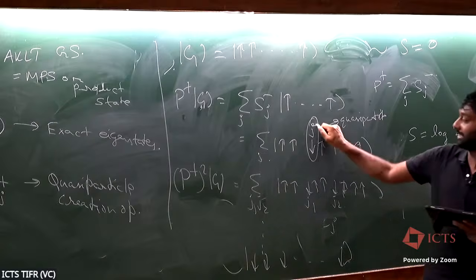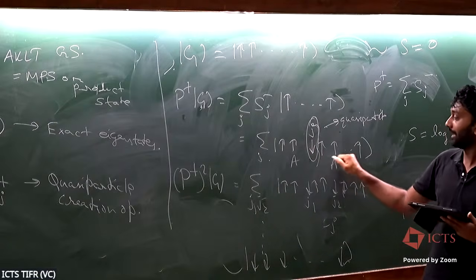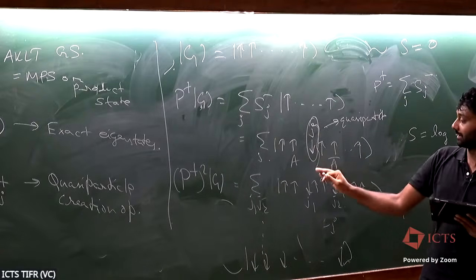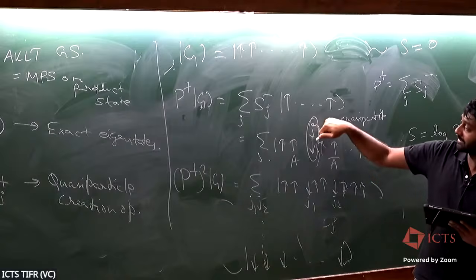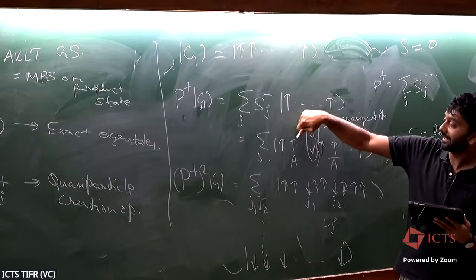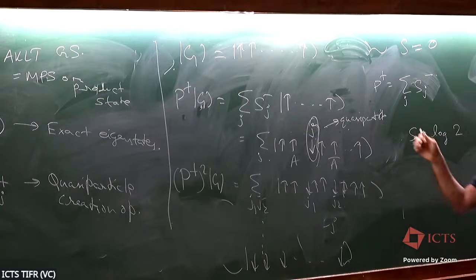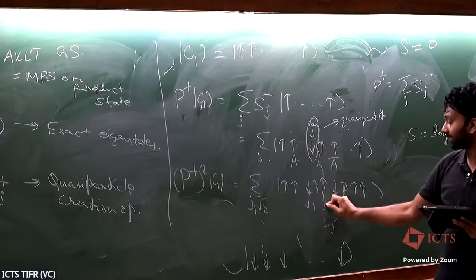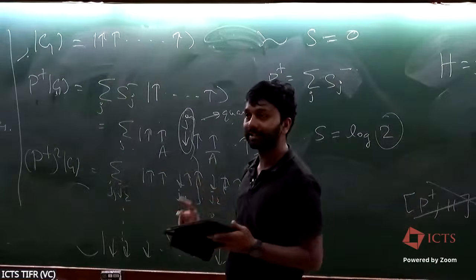The basic idea is, suppose I'm looking at A and A bar, two subsystems which are separated. This quasi-particle can either live on this side or this side. That is where this 2 comes from. It's just the entropy of this classical configuration. And then if you have two quasi-particles, it turns out that these are identical quasi-particles.